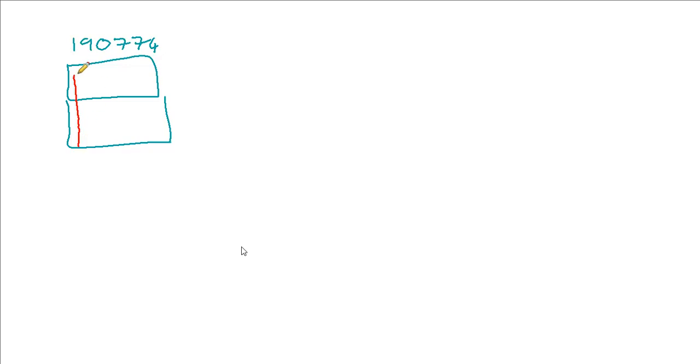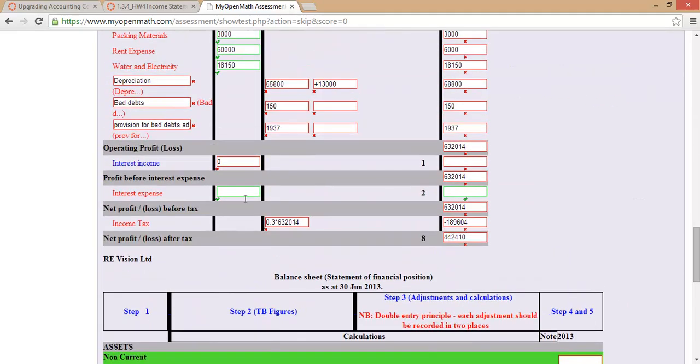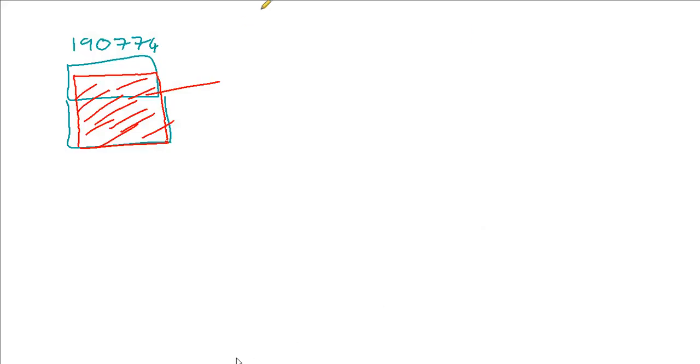Now the final tax gets assessed, and it is determined that the actual tax that we should pay is, well, we've just calculated it here, 189,604. So currently, before the final tax has been determined, we've got 190,774 that SARS owes us.